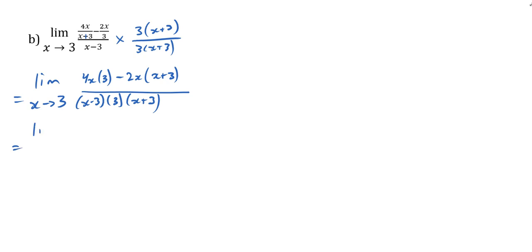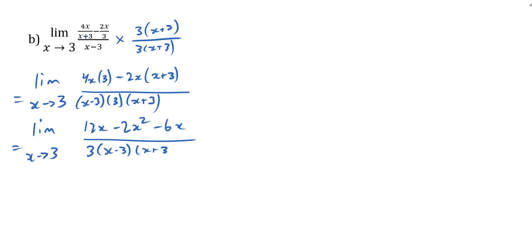Okay, now we can expand this a little bit on top, because I do have to expand this before I can factor, so I get 12x minus 2x squared minus 6x. Is that right? Yes. Over 3 times x plus 3.